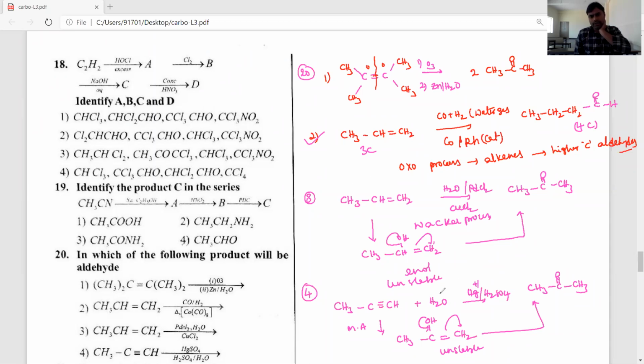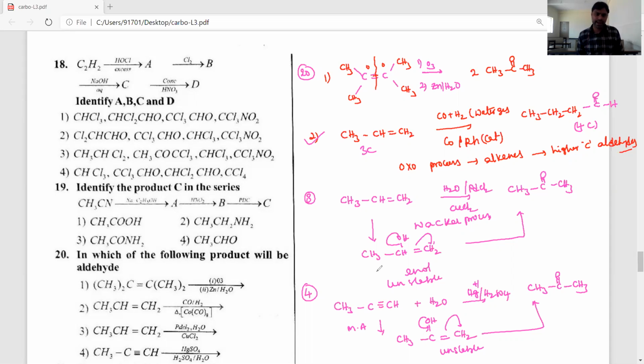Third one is Wacker's process. In the Wacker's process, except ethene (ethylene), which gives only acetaldehyde, all remaining alkenes produce ketones when they react with water in the presence of palladium chloride and cupric chloride, cuprous chloride, Cu2Cl2, CuCl2.